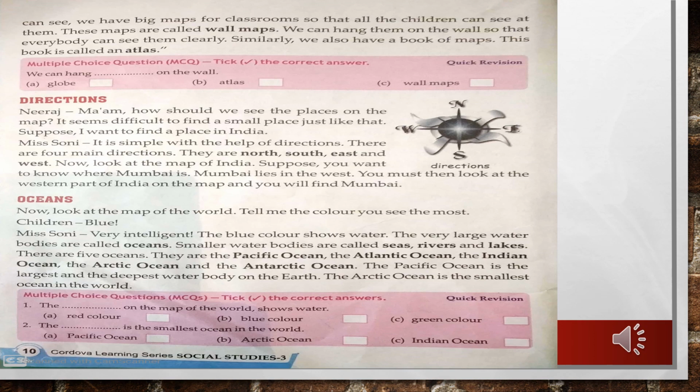They are north, south, east and west. Now look at the map of India. Suppose you want to know where Mumbai is. Mumbai lies in the west. You must then look at the western part of India on the map and you will find Mumbai.